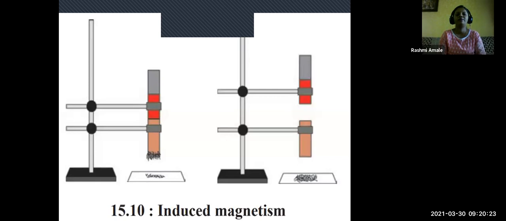Is this kind of magnetism temporary or permanent? Who will tell me? Yes, some students are raising hands. Very good. It is a temporary magnetism.